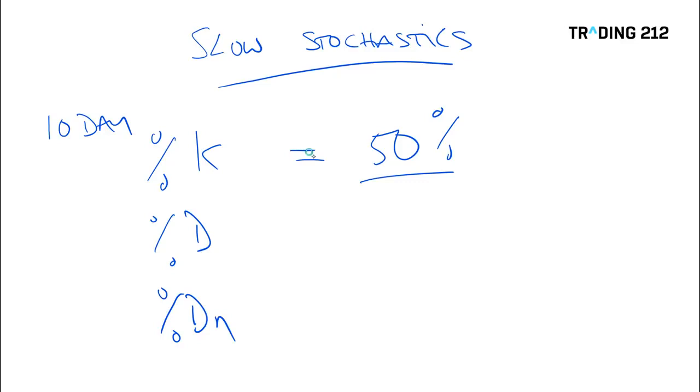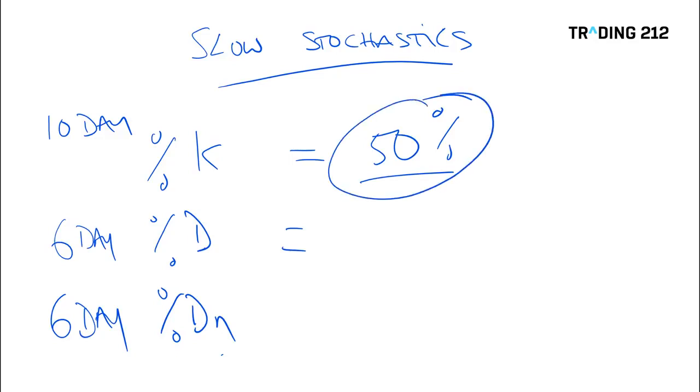So if we're looking at a 10-day stochastic, percentage D tends to have a value of 6. So it's a 6-day moving average of percentage K. Okay, so that will smooth out this number here. Then percentage DN, on a 10-day stochastic, is a 6-day moving average of percentage D. So just to put it simply, this is the bit that does the raw calculation, and then we see two smoothed out versions of that on the chart, and that's what generates the signals.